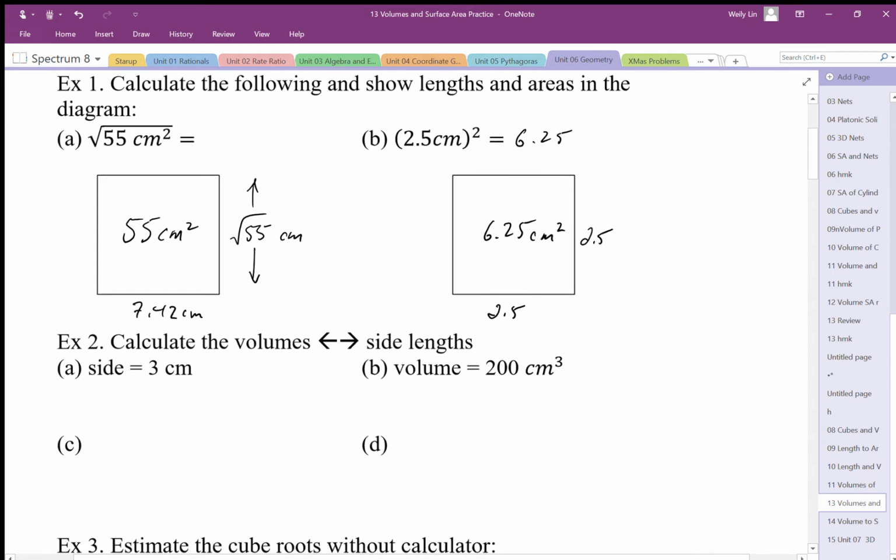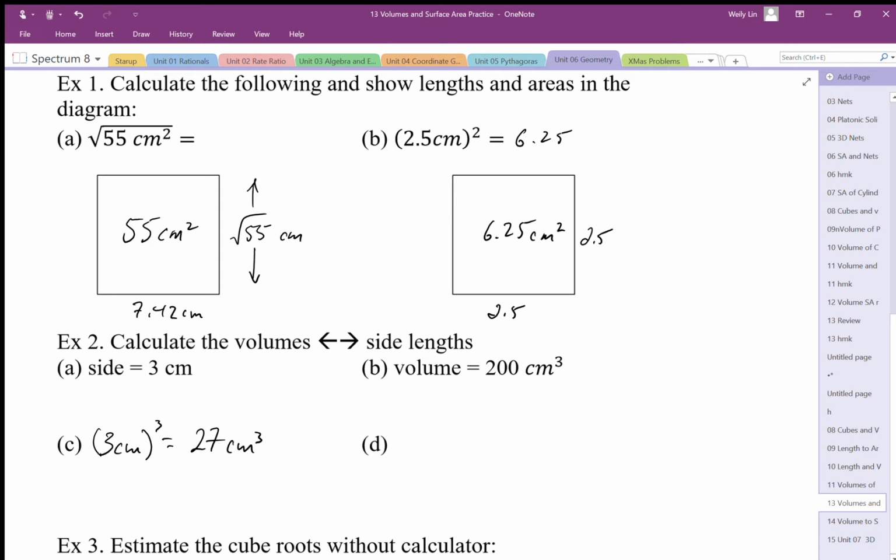Okay, we can do the same thing with volumes and side length. If I have a side length of 3 centimeters, my volume works out to be 3 centimeters cubed, which gives us 27 cubes. If I have 200 cubes and I want to work out the side length, I want to do a cube root. Cubing gives us volume, cube root gives us side length.